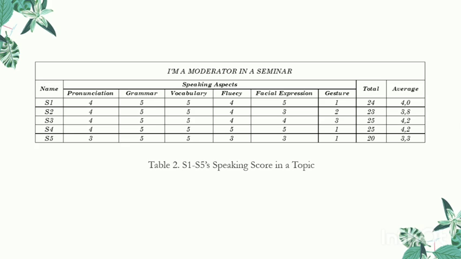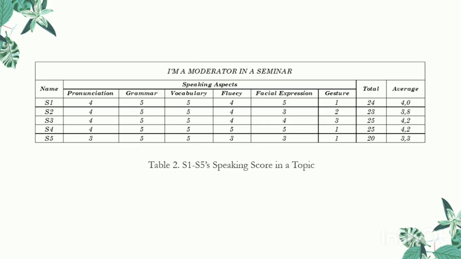In addition, S1 until S5 got the perfect score on grammar and vocabulary aspects. There is no grammar error in their speaking video, and for the vocabulary, they chose the appropriate vocabulary in accordance with the context, which is a moderator in a seminar.